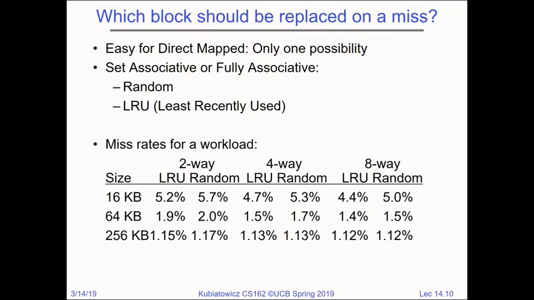But what you find is that random works pretty well for a lot of scenarios, especially when the cache gets really big. Random might not actually be too bad. And so going to the trouble of doing LRU might not be worth the trouble in this instance.